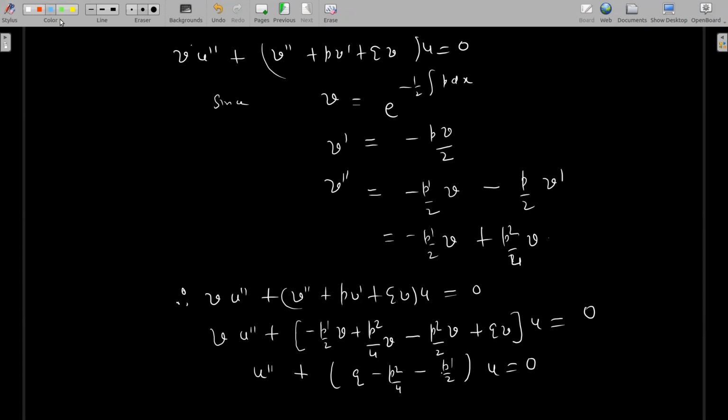Okay, so this form is called normal form. So by putting y equals to u times v, you can convert any second order equation into this form, and this form doesn't have any first derivative. And what is u?